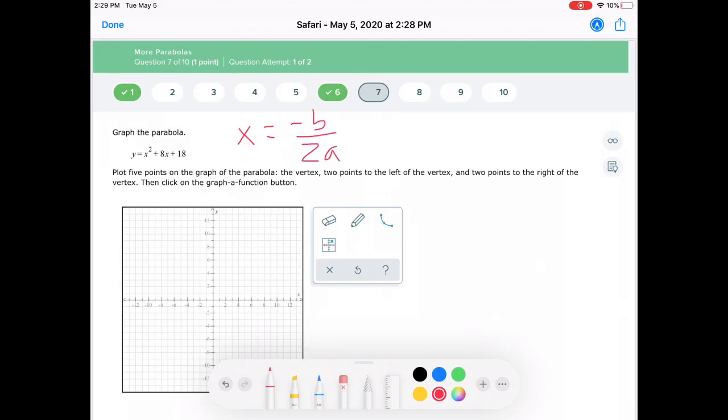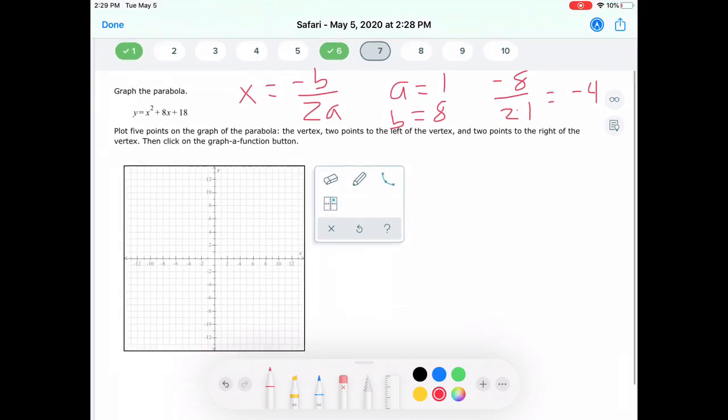So in this case, there is no coefficient in front of the x squared, so a equals 1. In front of the x, it's 8. So we're looking at -8 over 2 times 1, which is -4.